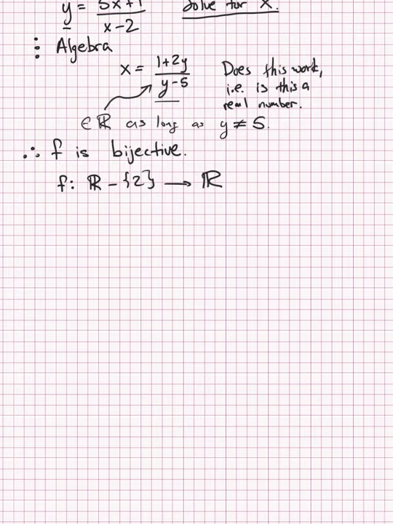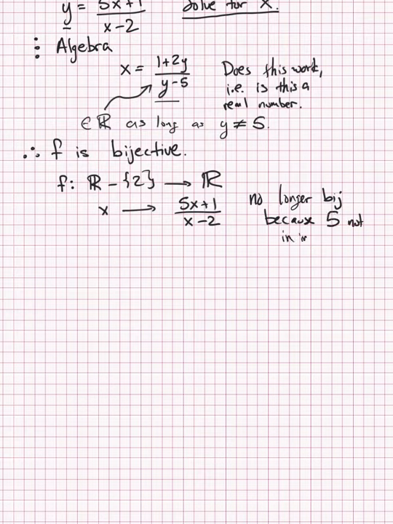Okay, so x goes to (5x plus 1) over (x minus 2). And now this is no longer a bijection because 5 is not in the image. And we saw that if I try to hit 5, I have to divide by 0 here, which is not a real number.